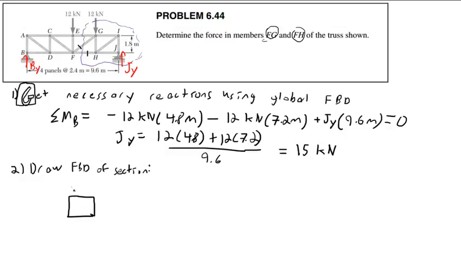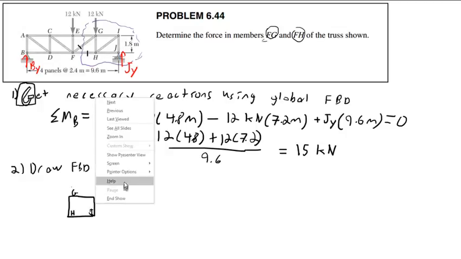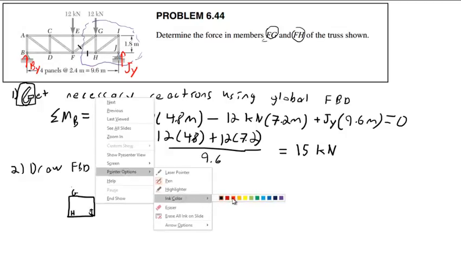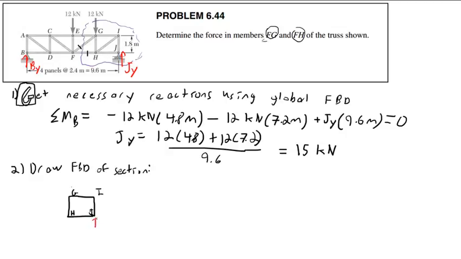This is G, I, H, and J. The forces I have on here are 15 kilonewtons here, 12 kilonewtons here. Notice you do need to consider all external forces on this. 12 kilonewtons.